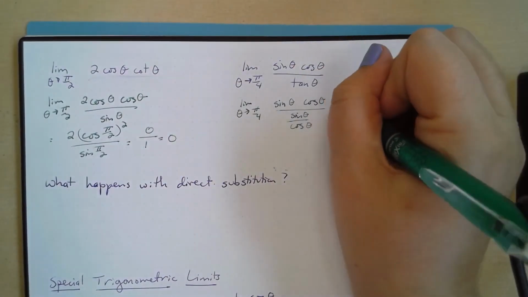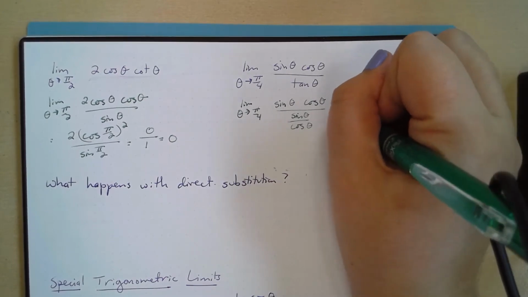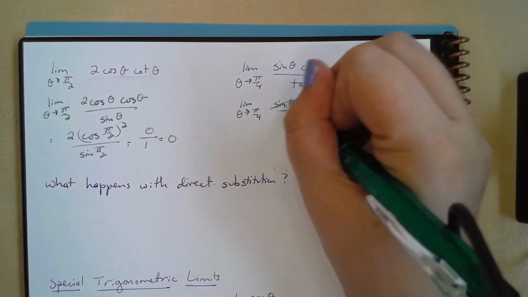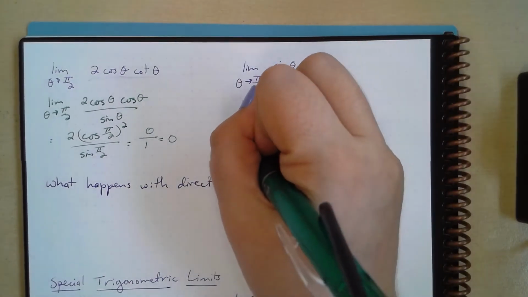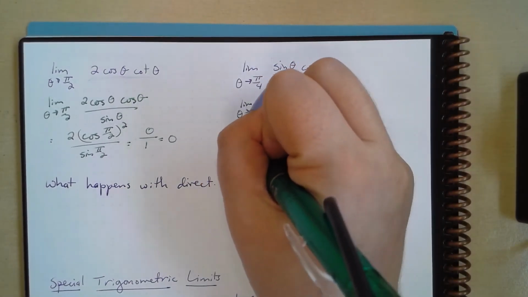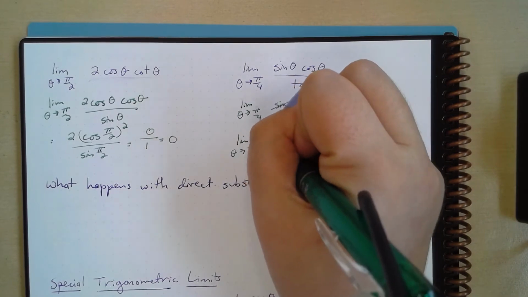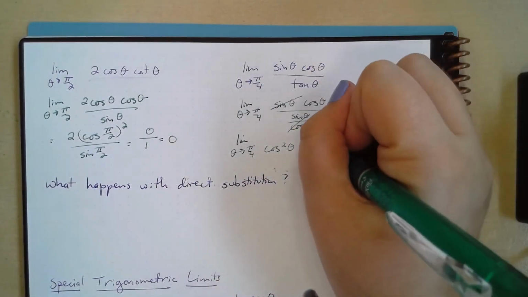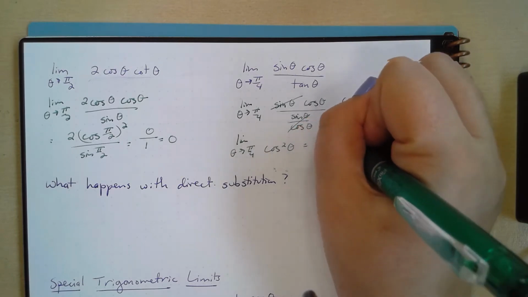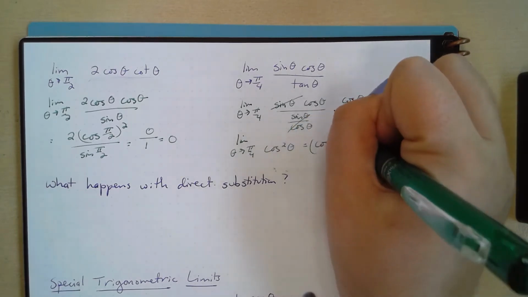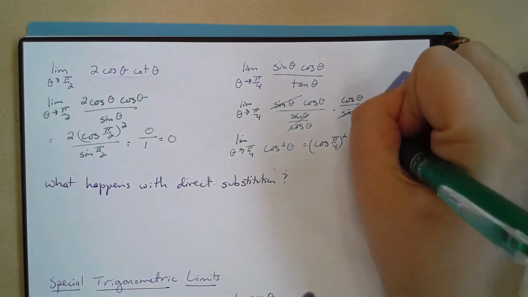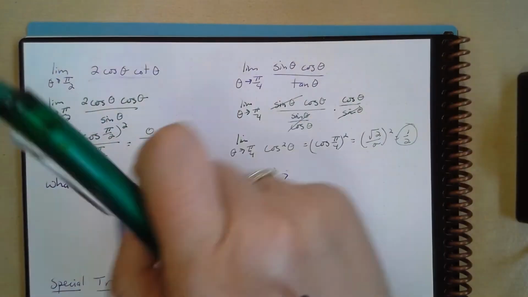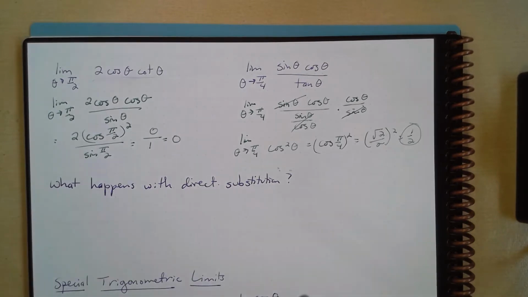So we can rewrite that as cosine theta over sine theta, right? And we're going to cancel some stuff out here. So now we just have the limit as theta approaches pi over 4 of cosine squared theta, which is just the cosine of pi over 4 squared, which is just radical 2 over 2 squared, which is just 1/2. Right? Beautiful.